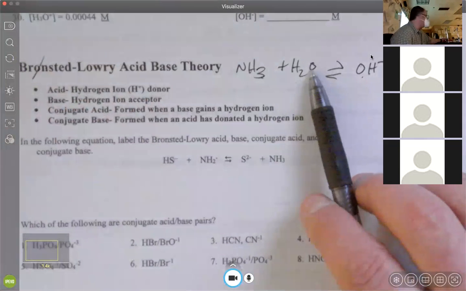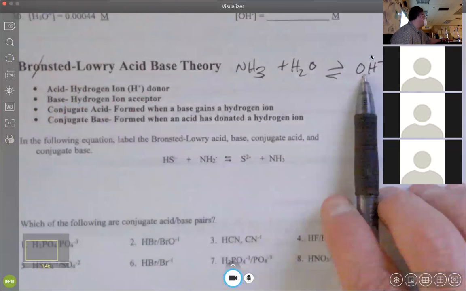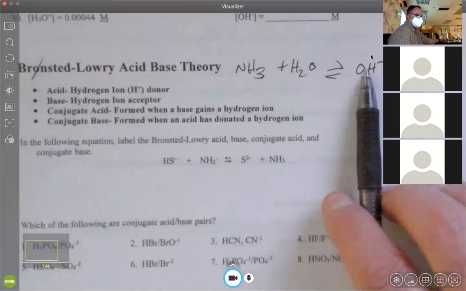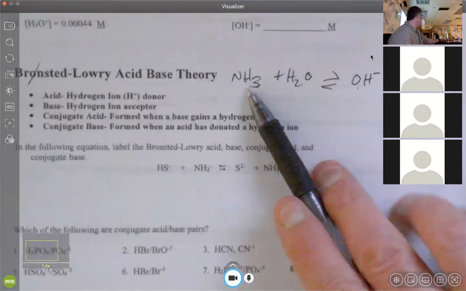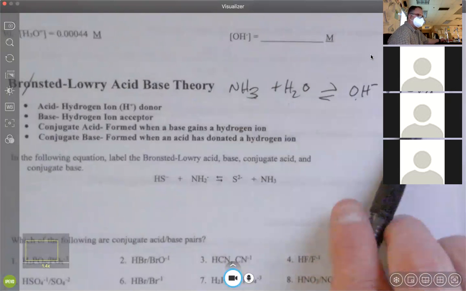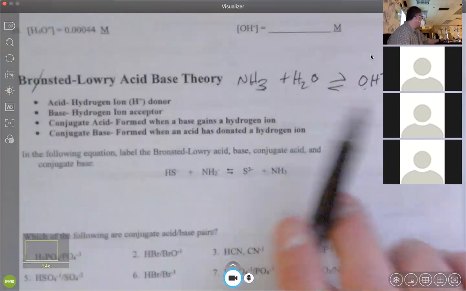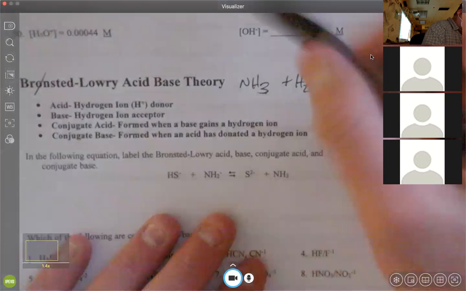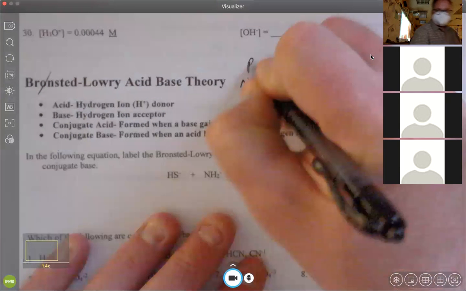So if you lose a positive charge, what is your new charge? Negative 1. It only changes by 1 because you only lose 1 hydrogen at a time. If you gain a hydrogen, you're gaining a positive charge. So what is your new charge? If your charge was neutral here, then it is plus 1. So Bronsted-Lowry would call this an acid and this a base.